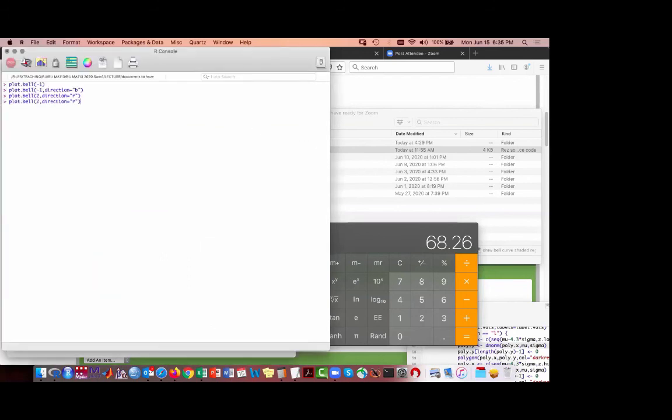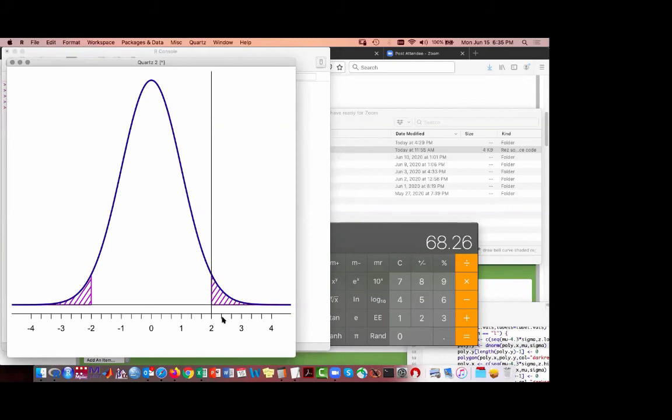Again, we can also take advantage of the fact that this is a mirror of the area on the other side of this symmetric curve. The left shaded region is the area to the left of z equals -2. Thus, we could just enter NORMSDIST of -2. Thus, we have a couple of ways we can obtain our desired value.